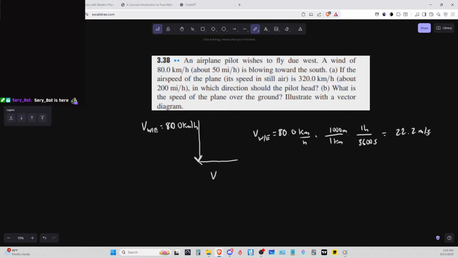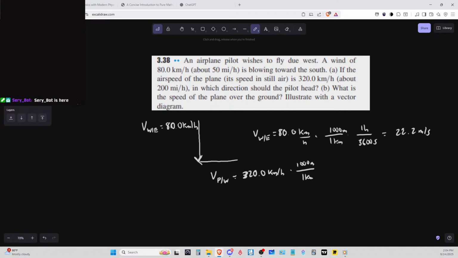So if the airspeed of the plane is, okay, so the plane relative to the wind is 300 kilometers per hour. We can just do the same thing we did here.